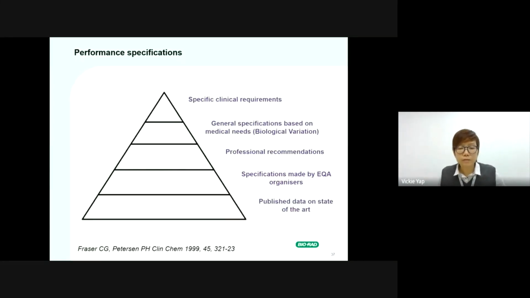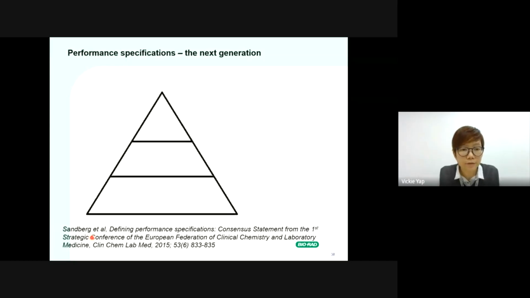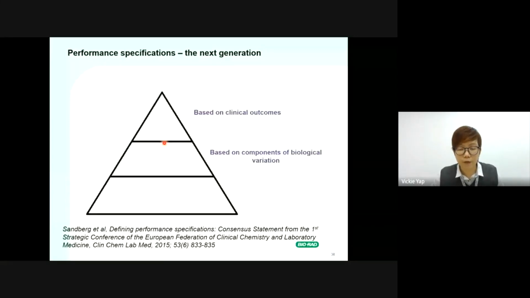But moving forward, there's another guideline from Sandberg. This Sandberg guideline has simplified the decision on which we should follow. First, of course, still the same, based on clinical outcome. If we don't have any clinical outcome or the clinician doesn't have any requirement, then we can follow BV, biological variation.